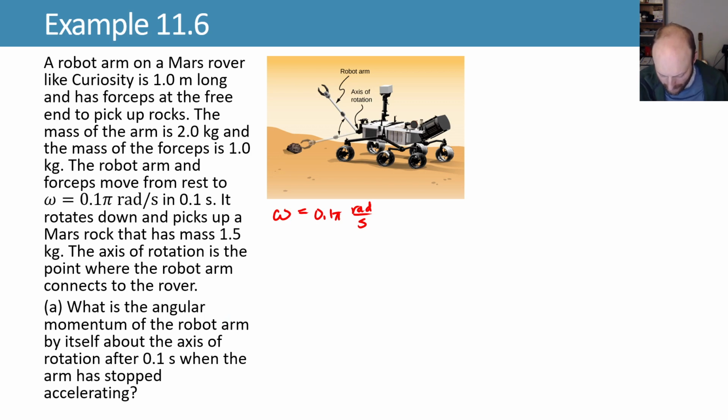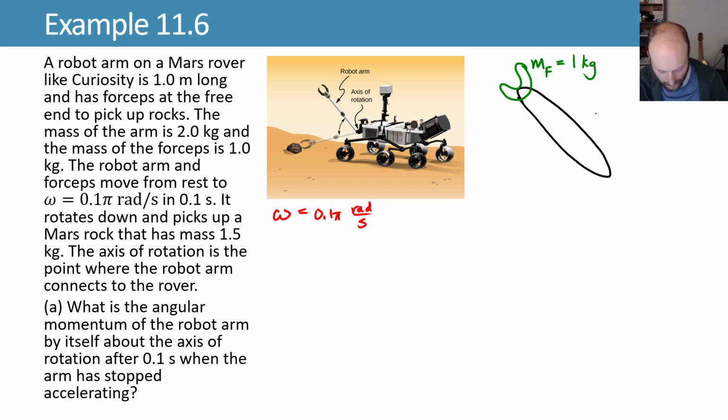All right. I'm going to draw a diagram of this arm, and hopefully this will help. Here we've got an arm, and then we have at the end of the arm our little grabber, where the mass of those forceps that grab things is 1 kilogram. The mass of the robot arm here is 2 kilograms.